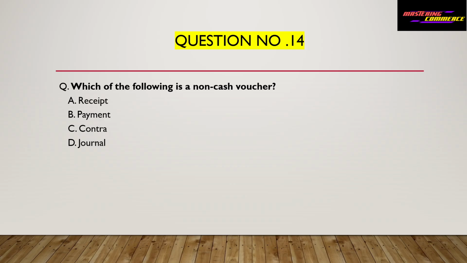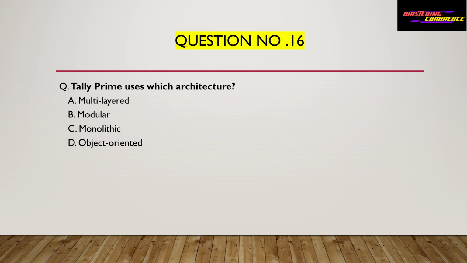So here the correct answer is D, journal. Question 15: the shortcut for viewing company features is F11, F12, Alt plus F3, Control plus F11. So here the correct answer is A, F11.